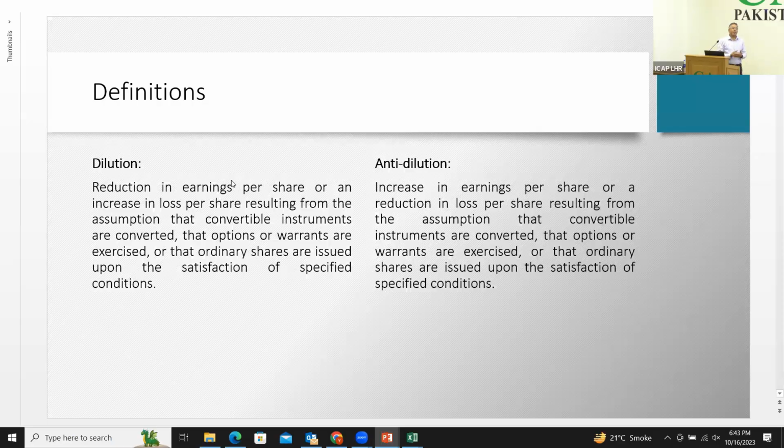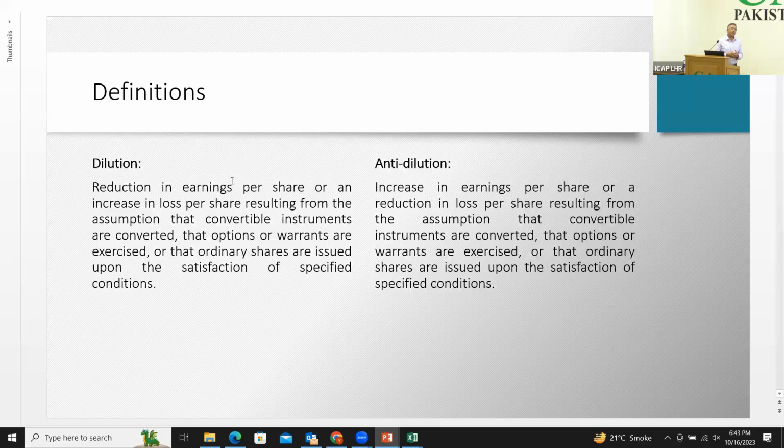Or some convertible preference shares or convertible loans have more proportionate effect on earning as compared to their denominator, then it will also be anti-dilutive. In that case, those will be ignored in the calculation of earning per share.